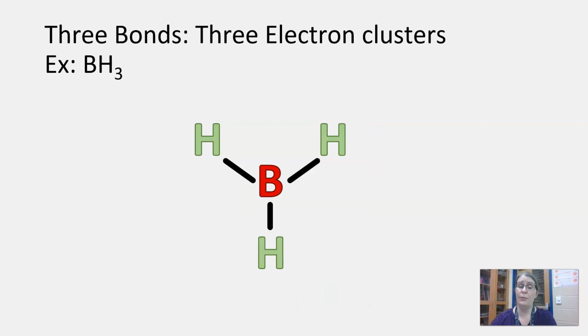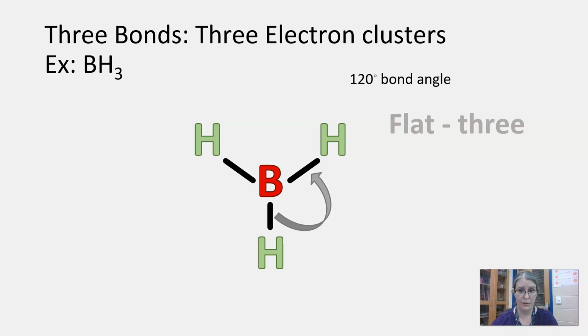When I get up to 3 bonds, that's 3 electron clusters or areas of electrons. One example would be boron trihydride, which has that incomplete octet. Then I divide my circle into 3 separate parts and I get a 120 degree bond angle.